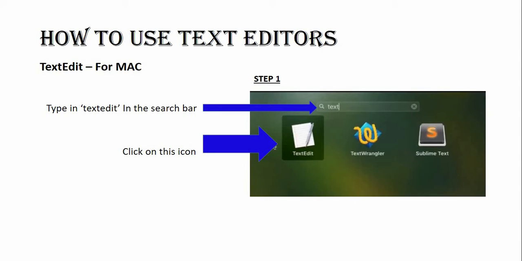So how to use TextEdit. For Mac, I will introduce you to TextEdit. In step 1, you have to go to the search bar, click on this search bar icon here and type in text. If you start typing in text itself, this icon will pop up, TextEdit, and you have to click on this icon.